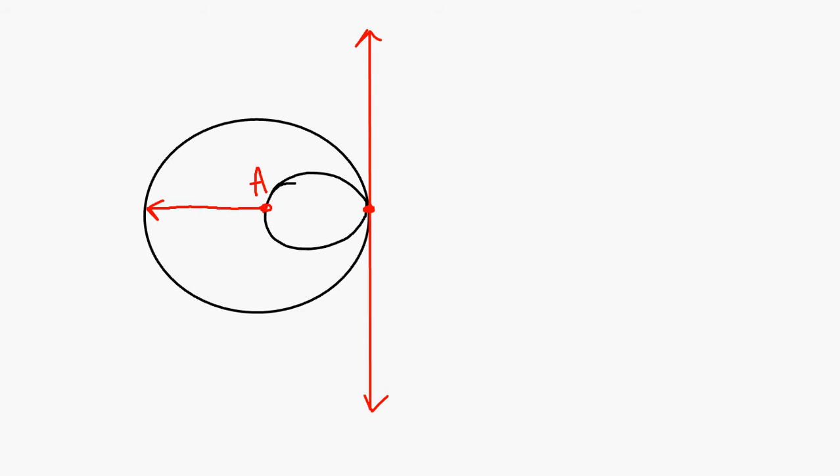So the radius of circle A is 4, because it goes from -1 to -5.